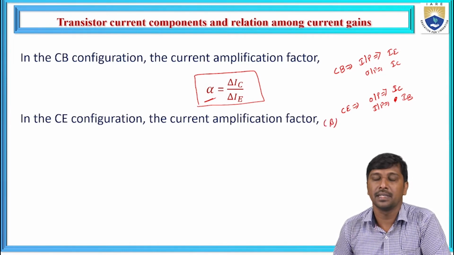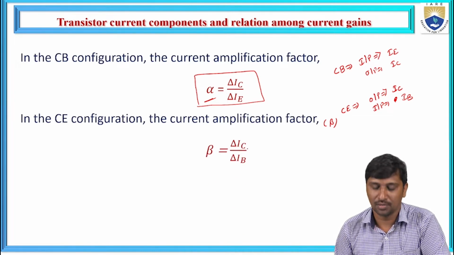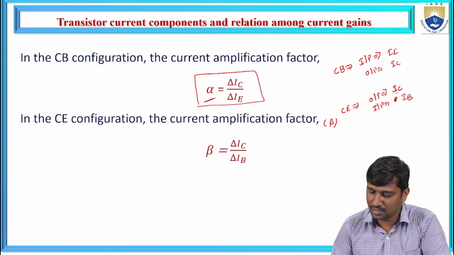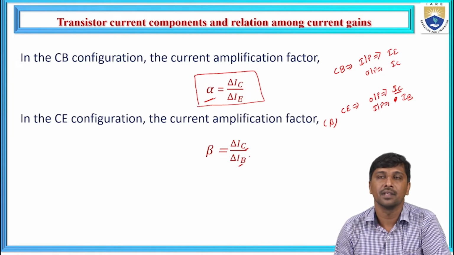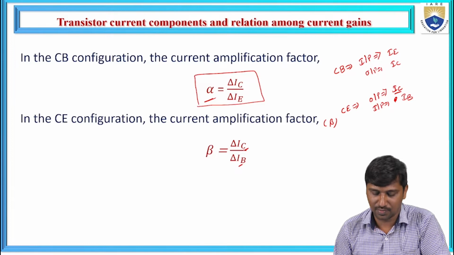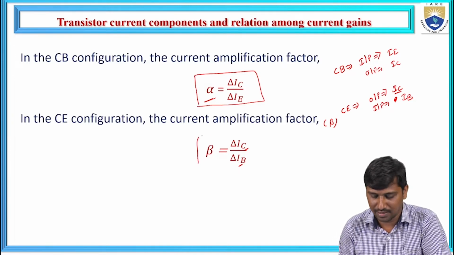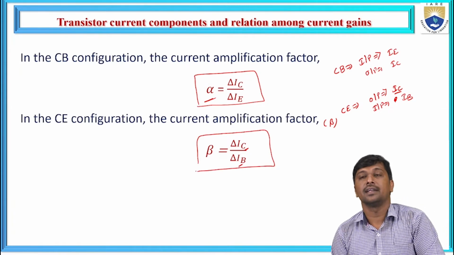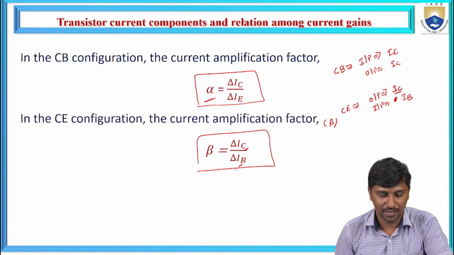Beta is the ratio of output current to input current: the output current is the collector current and the input current is the base current. So it states that the rate of change of collector current with respect to the rate of change of base current defines beta, that is, beta equals ∂IC by ∂IB.